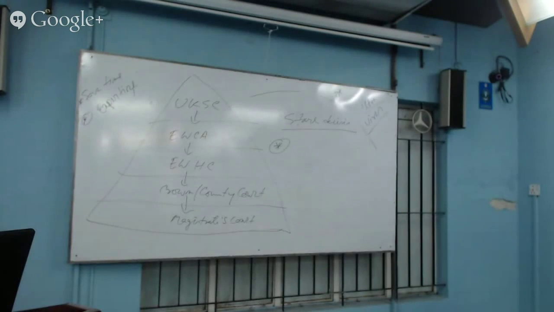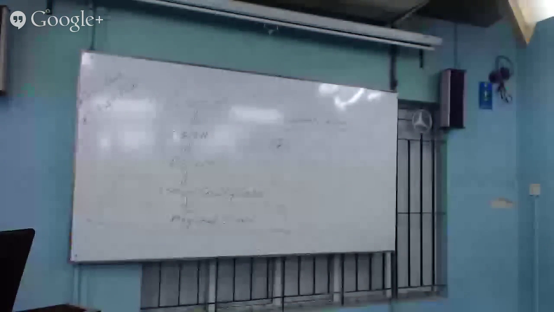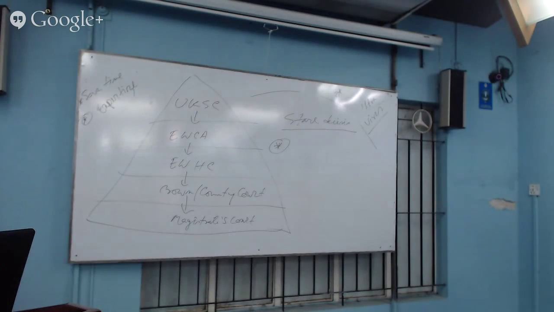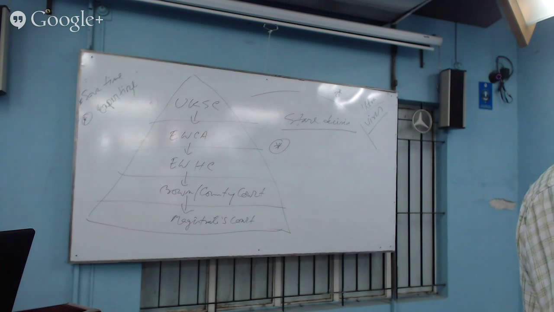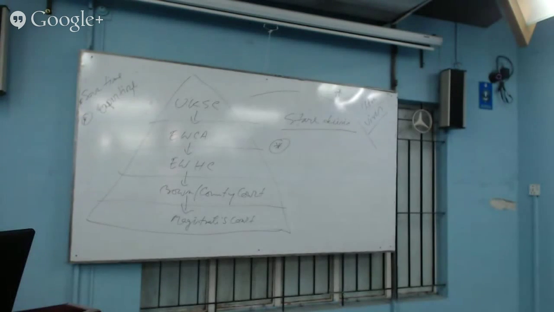Now, if you look beyond New Zealand, between New Zealand and the American continent, there are a lot of small islands. These are what we call the Polynesian or Micronesian countries, and many of these islands are British protectorates.